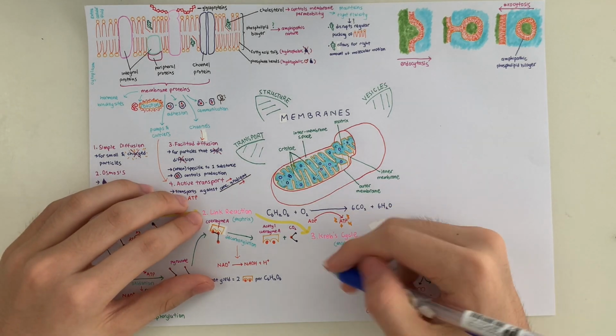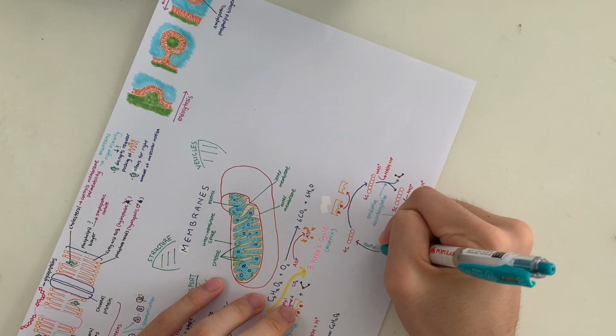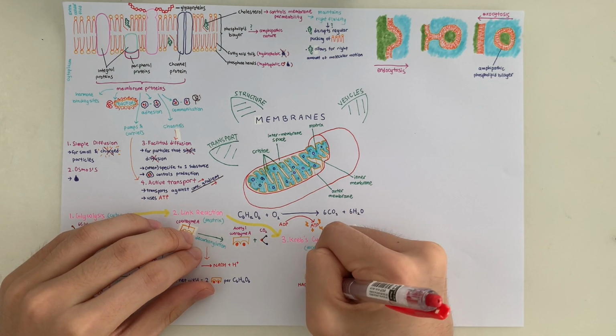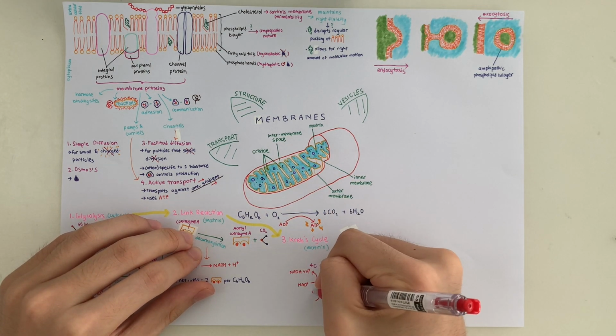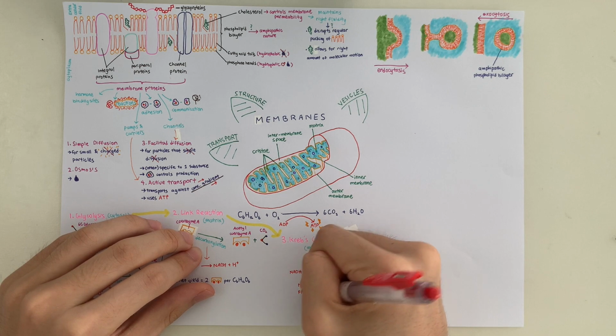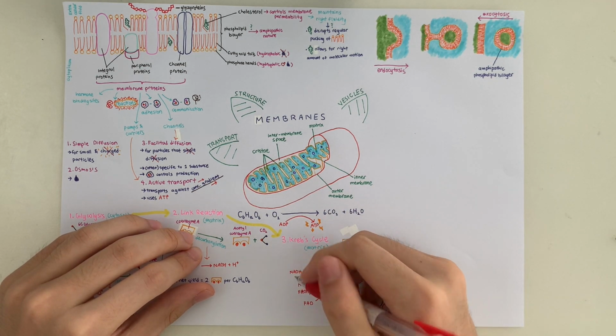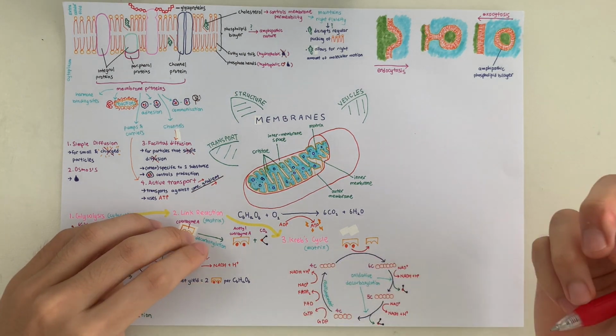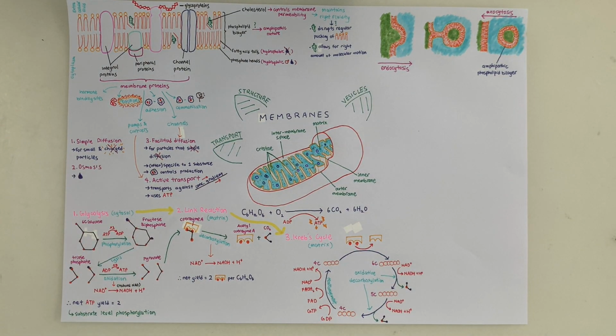This 4-carbon compound then undergoes rearrangement to reform oxaloacetate. This rearrangement reduces a molecule of NAD and FAD to reduced NAD and reduced FAD respectively. The rearrangement also converts a molecule of GDP to GTP, which is another energy-carrying molecule similar to ATP.